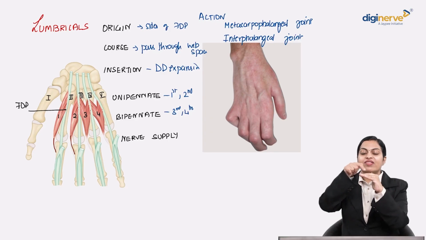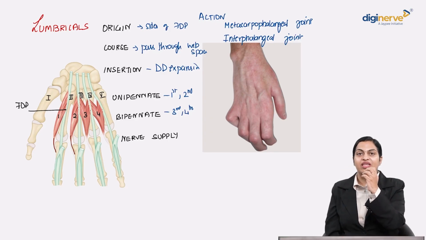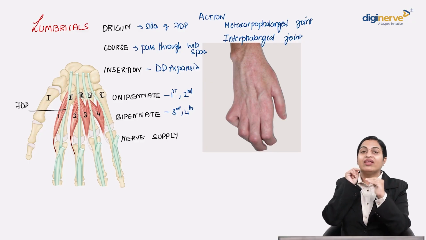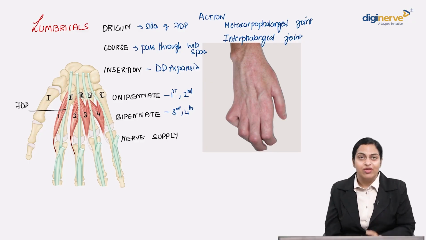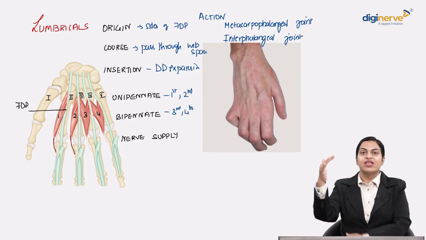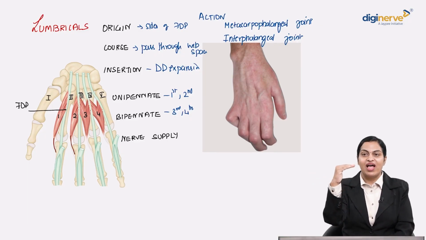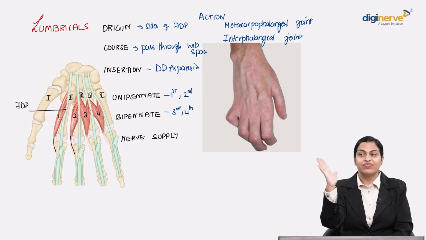And since it is inserting into the dorsal digital expansion, the dorsal surface of the digits, it causes extension of the interphalangeal joint, the proximal and distal interphalangeal joint. Can I repeat that for you again? Yes, the lumbricals will cause this action, inverted L. Flexion of the metacarpophalangeal joint and extension of the interphalangeal joint.